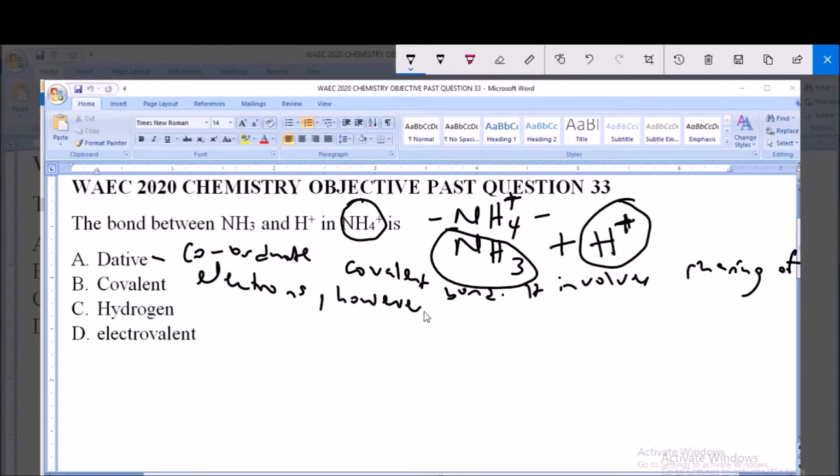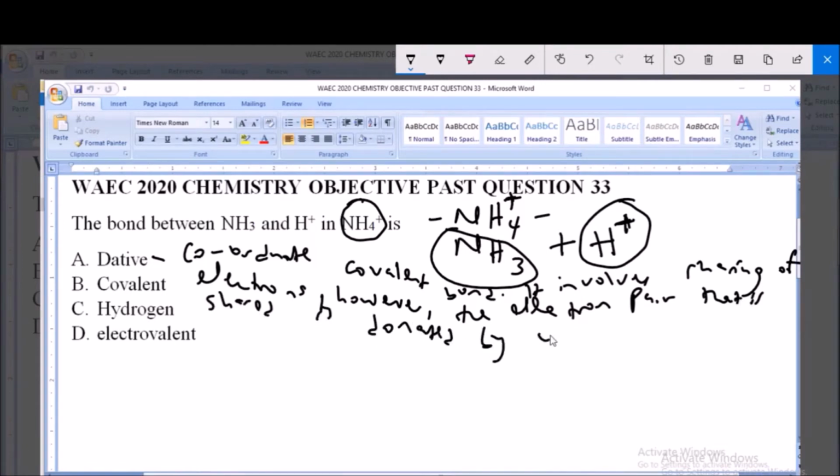However, the electron pair that is shared is donated by one of the participants in the reaction.